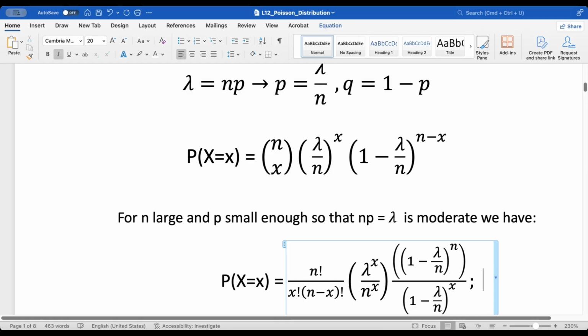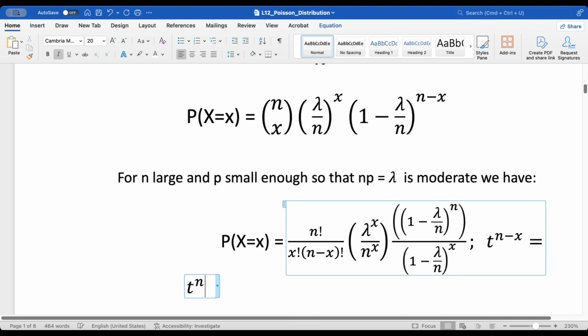So if you have something of the form, let me use t to the power n minus x, that's the same as t to the n divided by t to the x.